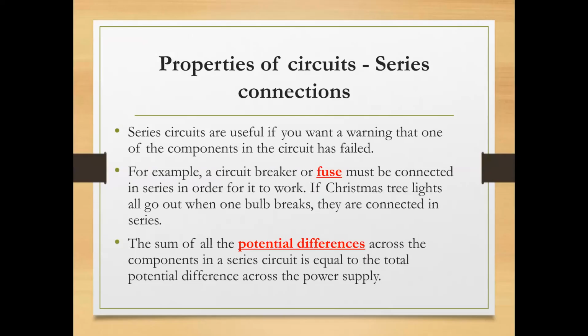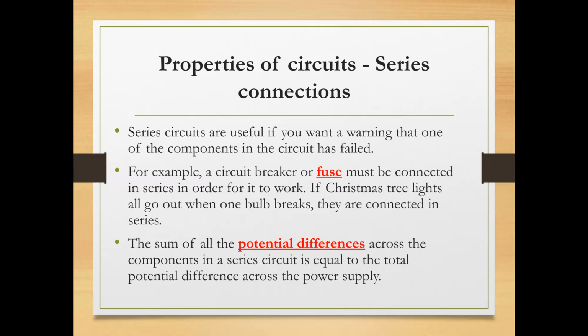Properties of circuits, series connection. So series circuits are useful if you want a warning that one of the components in the circuit has failed. So this is one way of tracking. If your things are connected in series and it doesn't work, you know that one of them is dead, broken, etc. For example, the plugs at home, you've heard about a thing called a fuse.